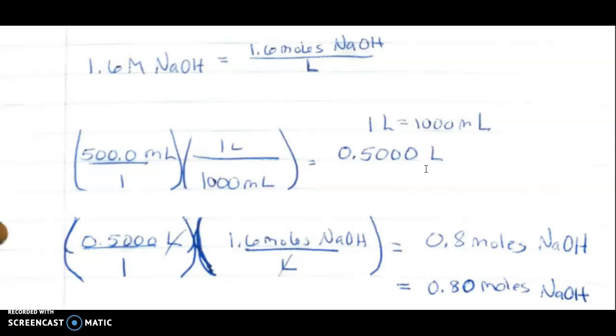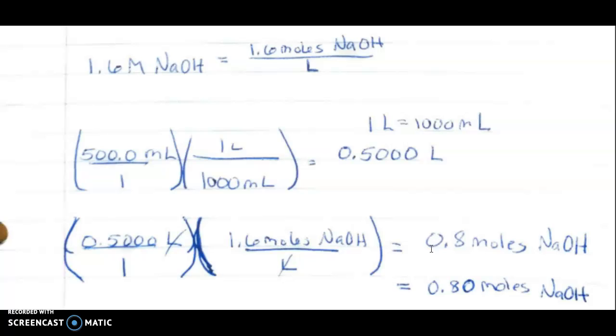All right. And now, how does that help us? If I take 5 tenths essentially, or 0.5000 liters of a 1.6 molar solution of sodium hydroxide, it's a multiplication problem, I will come up with 0.8 moles of sodium hydroxide. Our liters will cancel, and that will leave us with how many moles are in 500 milliliters, or a half a liter of the 1.6 molar solution.